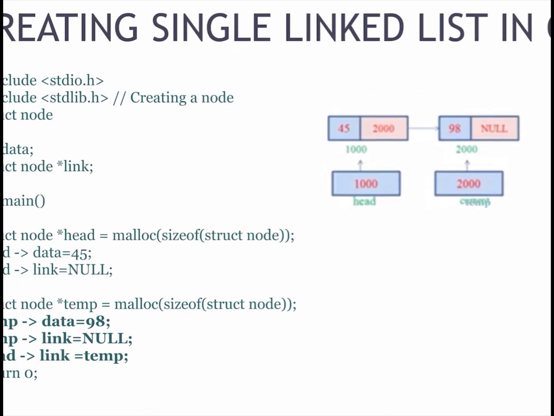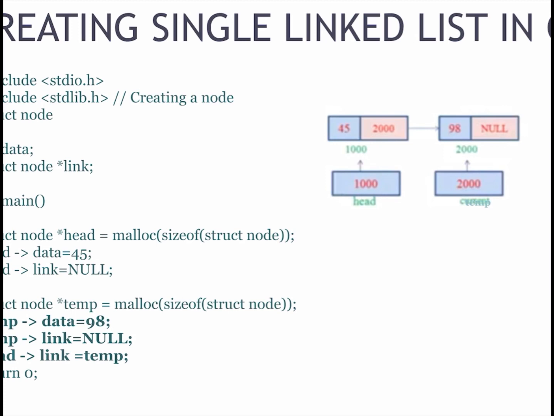So now we have created a head pointer, which stores the value 1000, and head->data is 45 and head->link is assigned null. Then we have to create the next node. We are using another pointer, which is temp: struct node *temp = malloc.